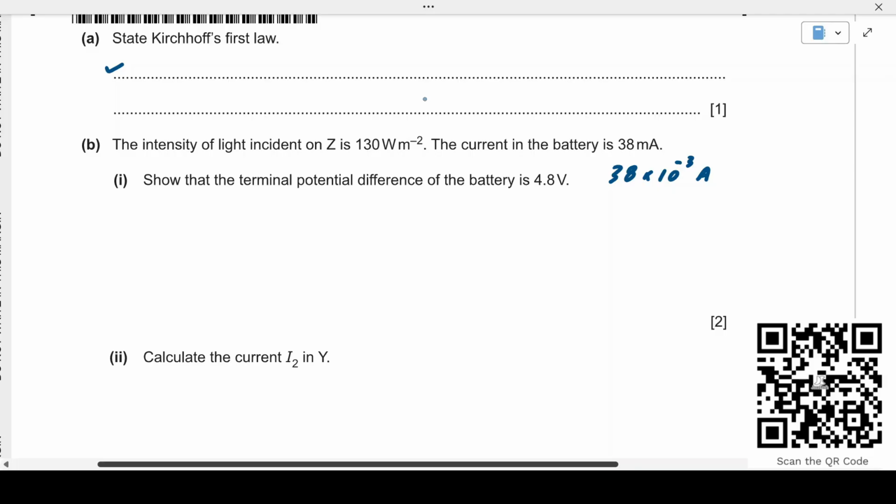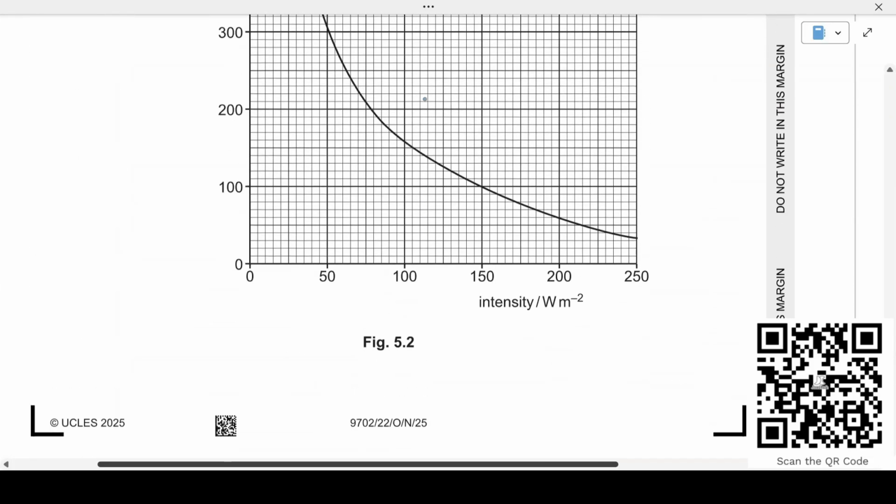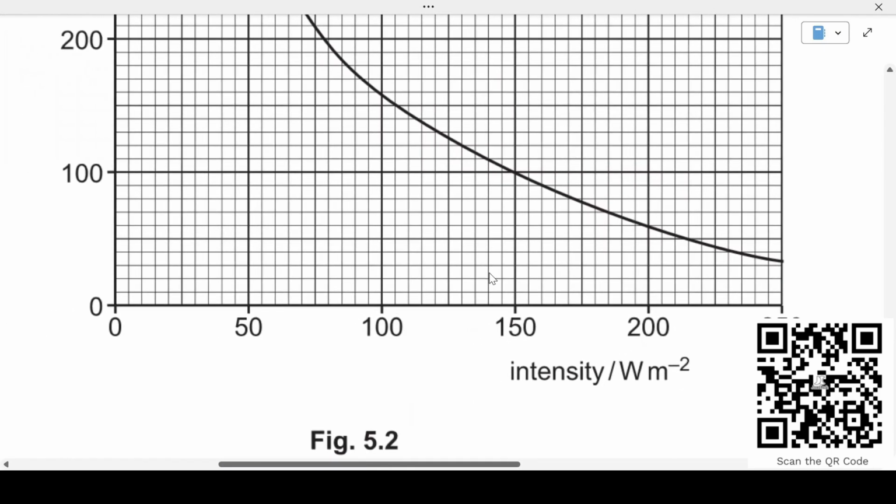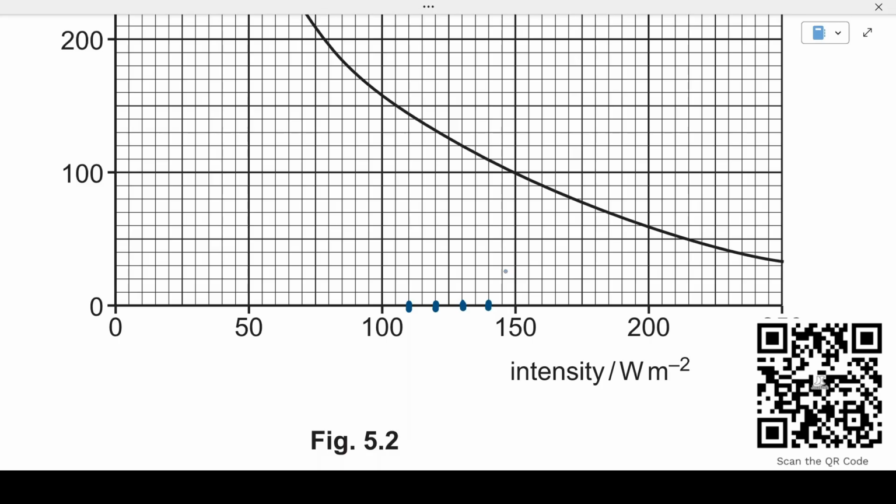So when the intensity is 130, what is the resistance of Z? What is the resistance of the LDR when the intensity is 130? We don't know, but we can find it through the graph. So 110, 120, 130, 140, 150.